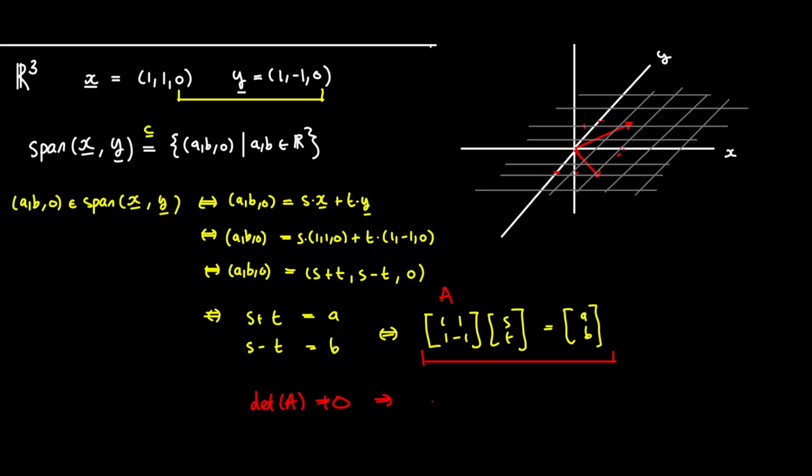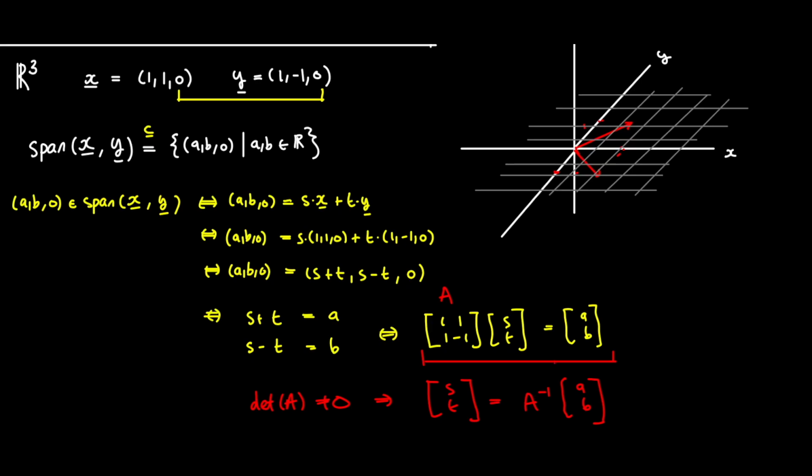And so this just means that (s, t) is exactly given by A inverse times (a, b). Simple as that. And A inverse is, of course, the inverse of this 2 by 2 matrix here. We don't even have to say exactly what A inverse is. We just have to prove that there is this s and this t.